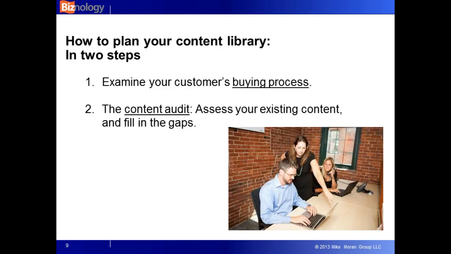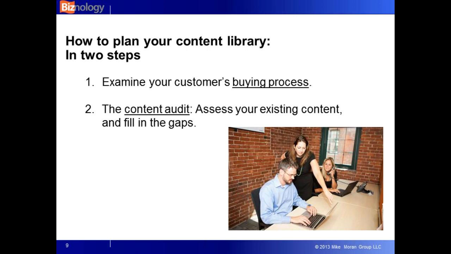So I'm dividing today's material into 2 steps. The first step is to understand your customer's buying process. I'll talk about that. And then I'm going to explain how to develop a content audit. Ultimately, what I'm trying to do is help you avoid the sort of random acts of content marketing, which means we say, oh, let's get some content going, and we just create something afresh.